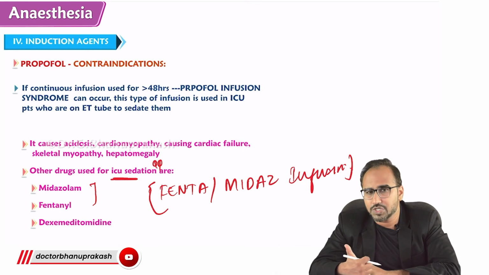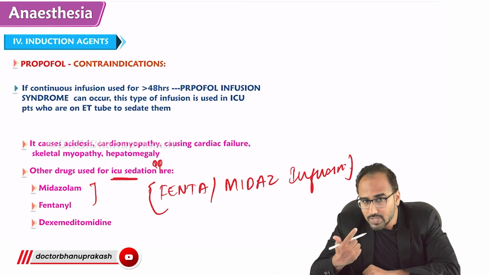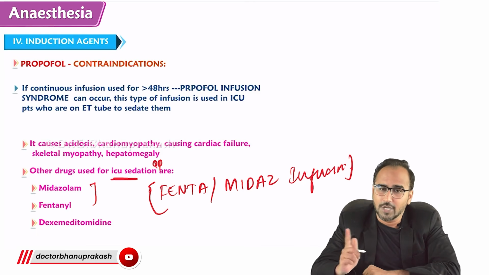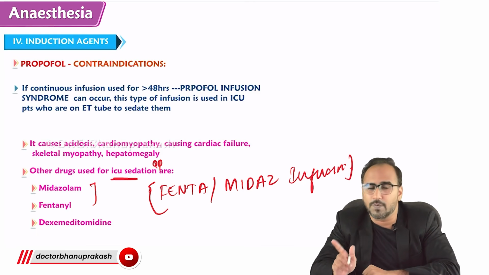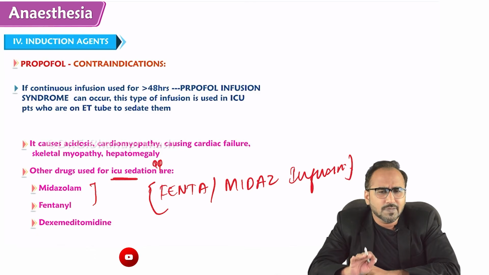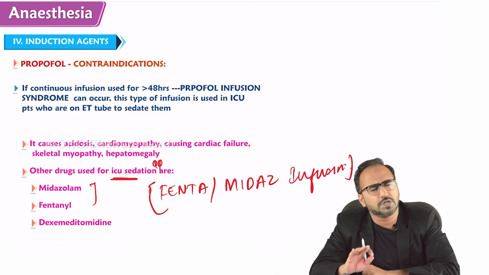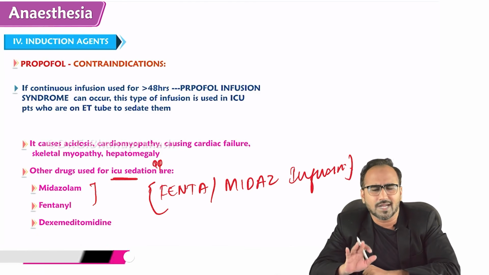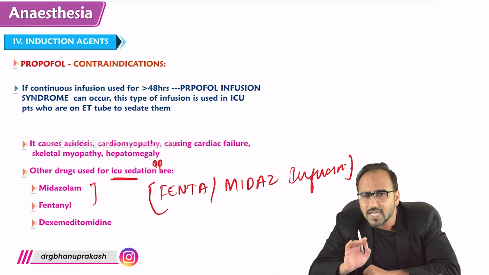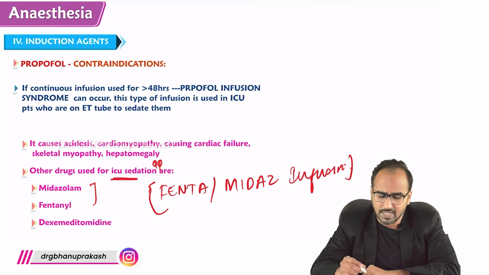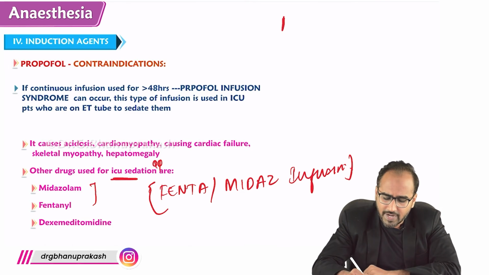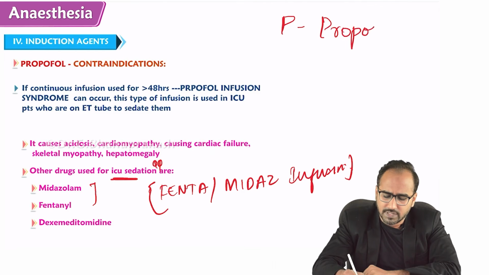Because it has a short elimination half-life. In acute intermittent porphyria, thiopentone is contraindicated and propofol can be given. Basically, in acute intermittent porphyria almost all agents are avoided, but propofol is the safe IV induction agent. Remember guys, porphyria starts with P, propofol also starts with P.